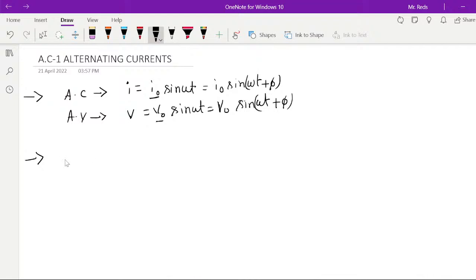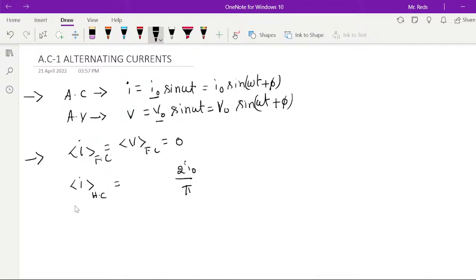We have also discussed the average value of current and the average value of voltage over a full cycle, and over half cycle. The average value of current over half cycle is 2 I naught by pi, and the average value of voltage is 2 V naught by pi.